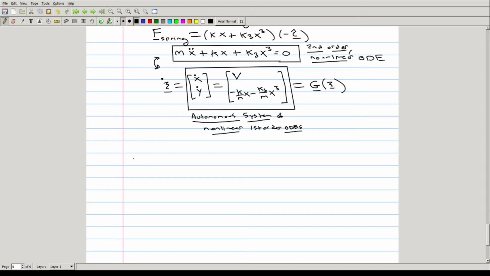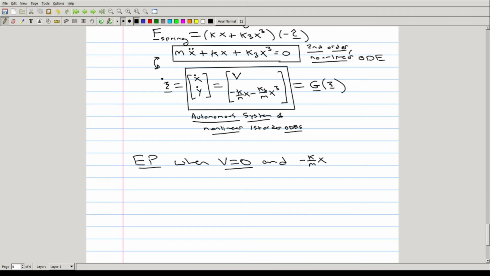And this has equilibrium points when v is equal to 0 and this combination right here is equal to 0. So we can factor out and re-express this a little bit more nicely.